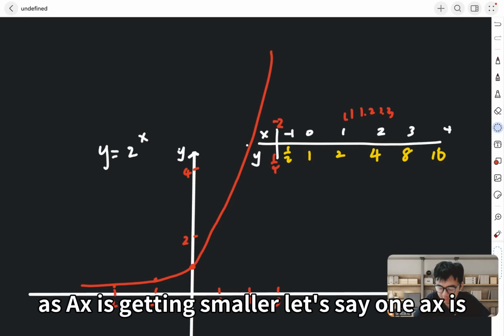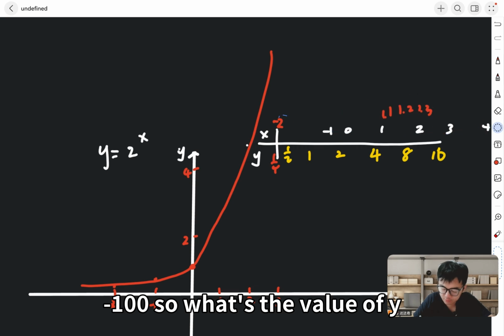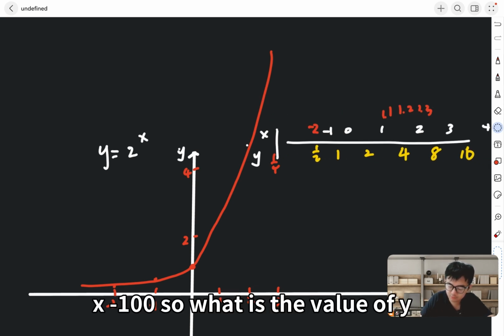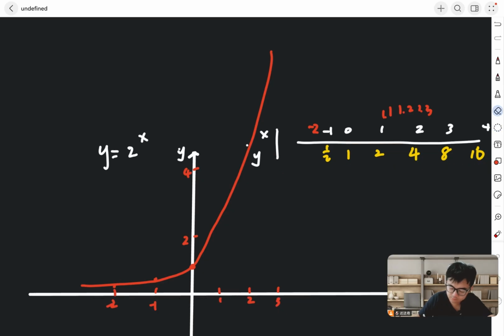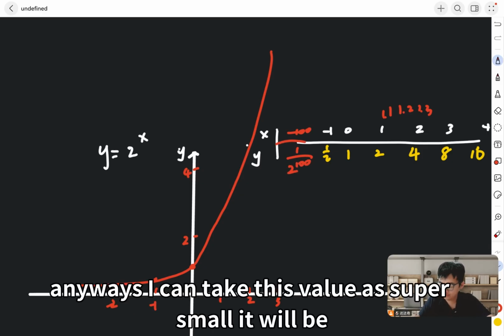As x is getting smaller, let's say x is -100, what's the value of y? It will be 1/2 to the power of 100. Anyway, I can take this value as super small.